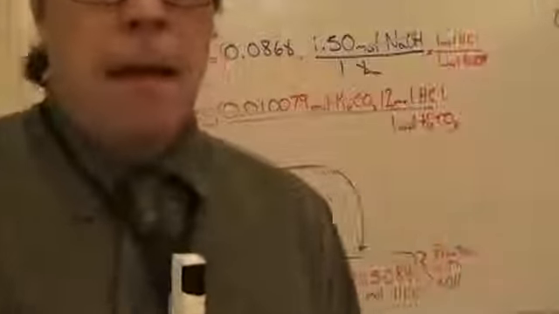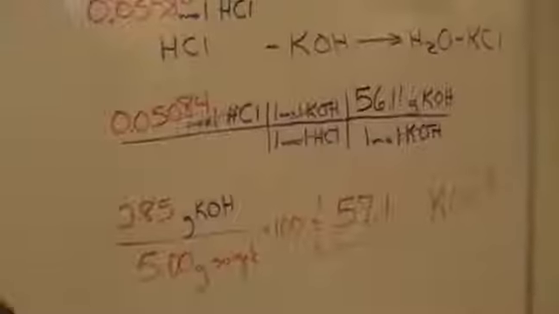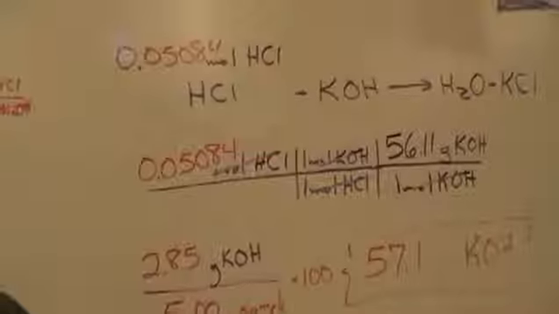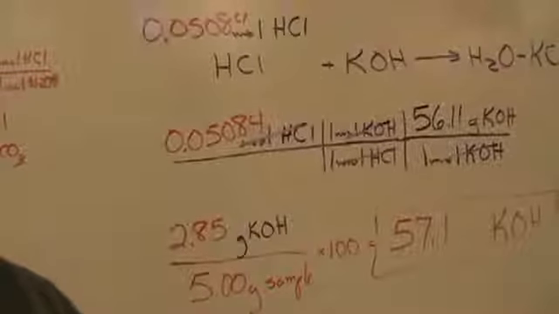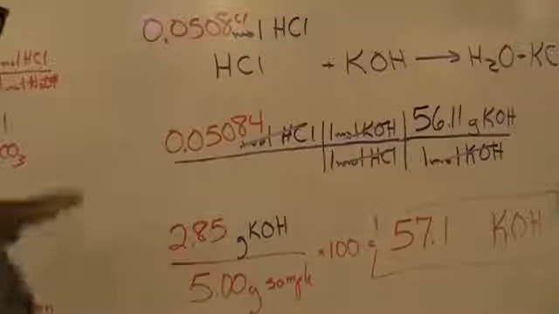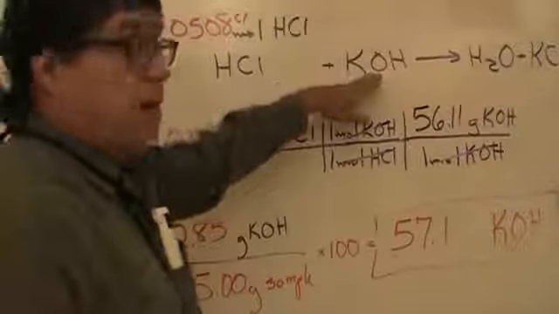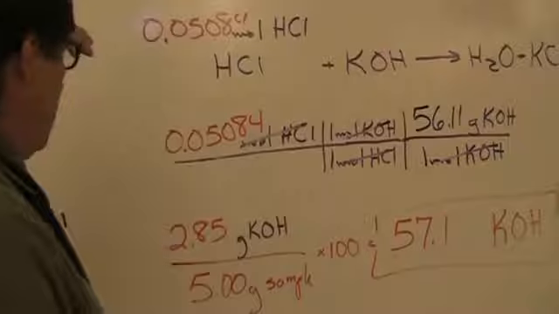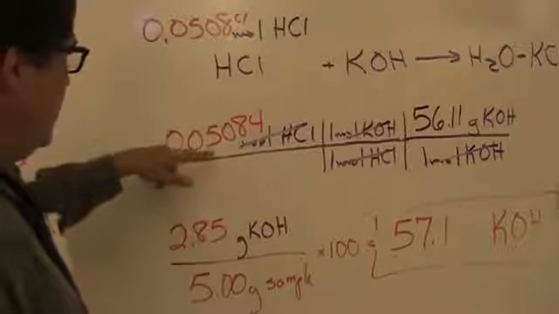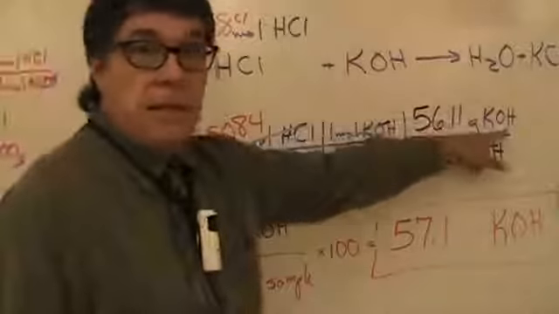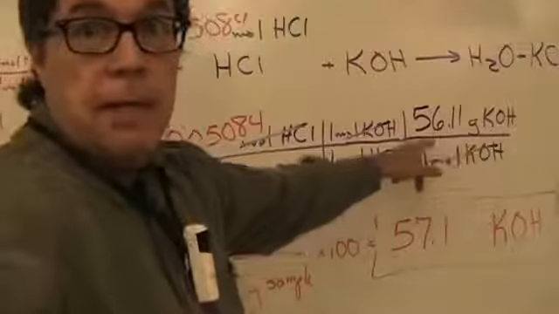So now that I know that, here's the number of moles of hydrochloric acid that reacted with the potassium hydroxide. And so I'm going to do the calculation to see how much potassium hydroxide that actually would be.